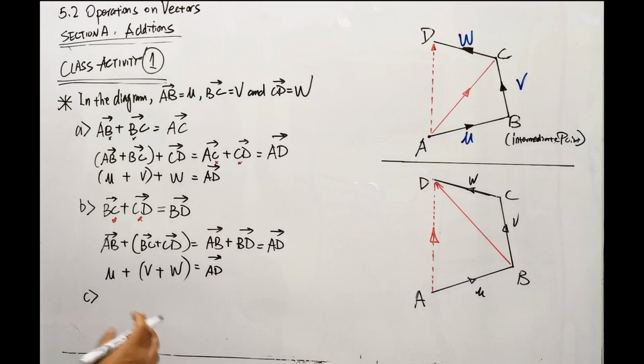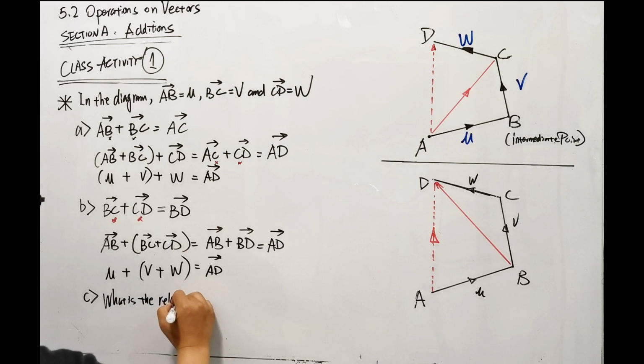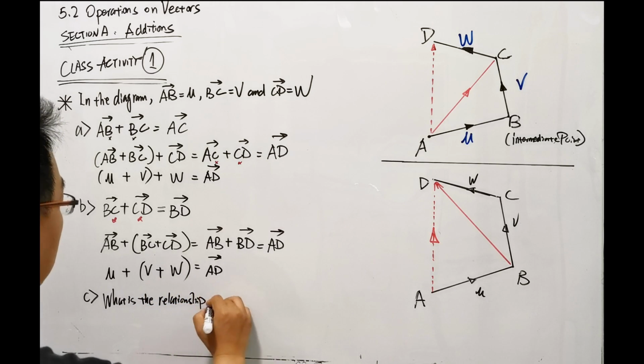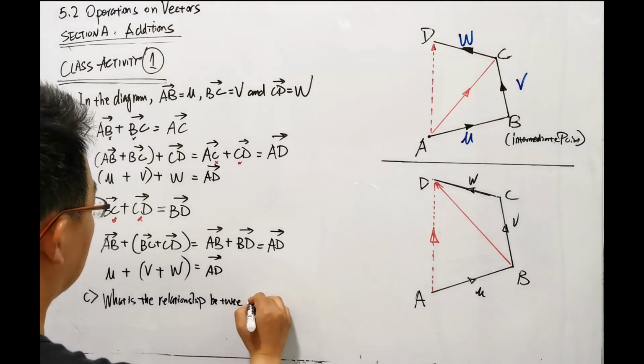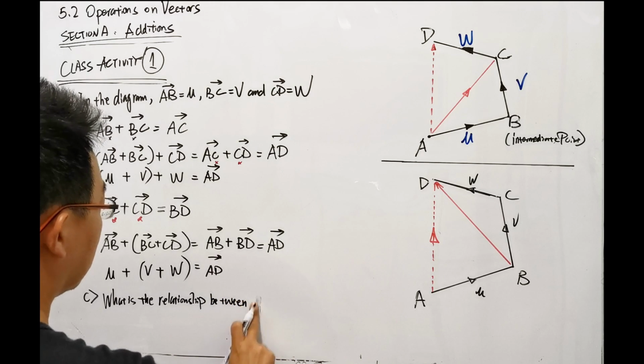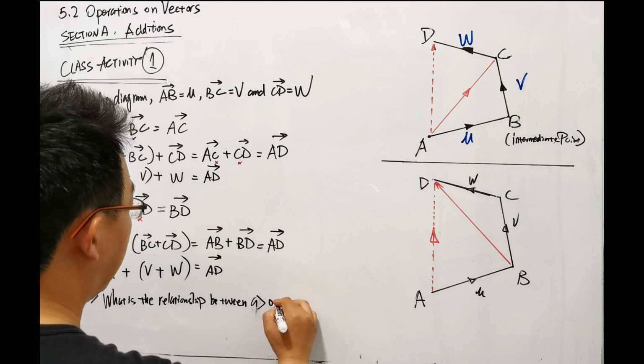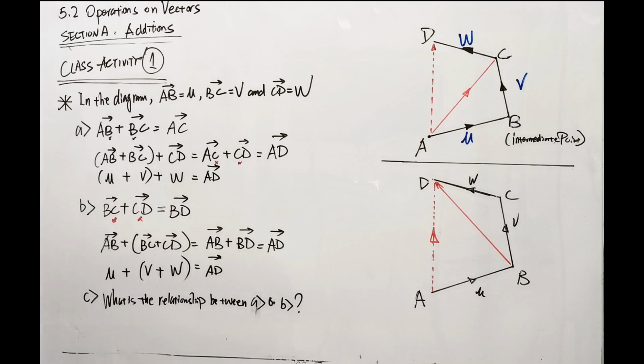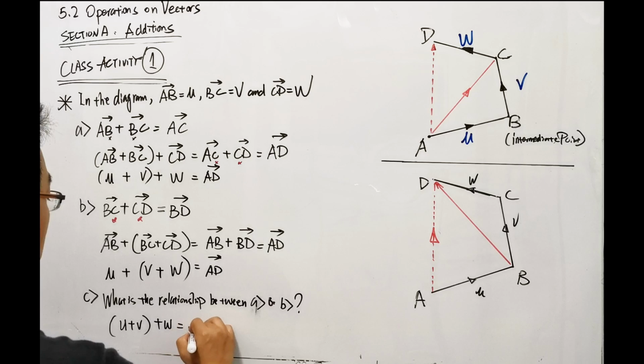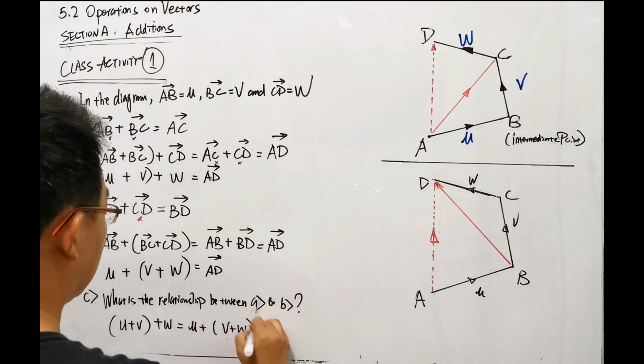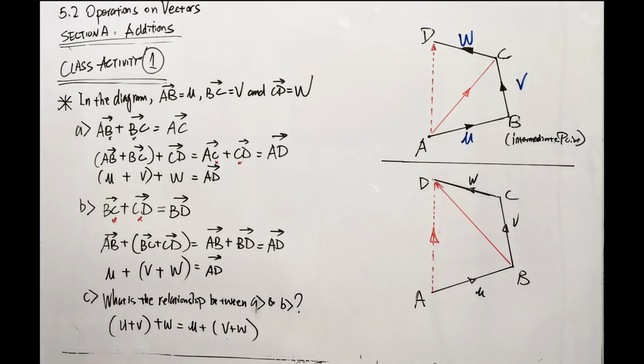What is the relationship between the two results? We find that u plus v plus w, with the bracket on either pair, gives the same result.